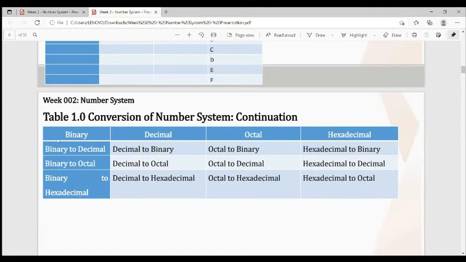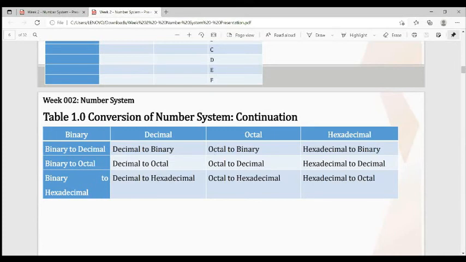So pwede i-convert isa-isa yung binary papunta sa iba't ibang number system. Same with the decimal, which can be converted into binary, into octal, or into hexadecimal. Same also with octal.